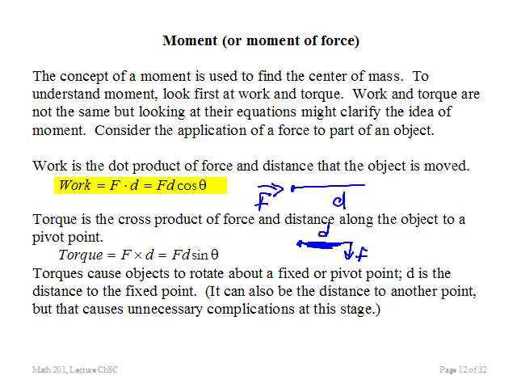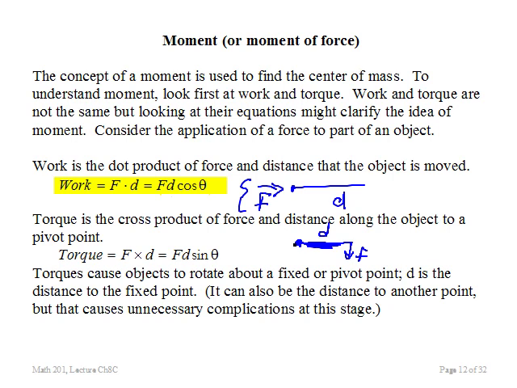The torque is F cross D, which is the magnitude of F times D, the distance from the application of force to a fixed point or a certain point along the object, times the sine of theta. If they're at right angles, this is just F times D. This torque causes the object to rotate, just like the force in this calculation is causing the object to translate.